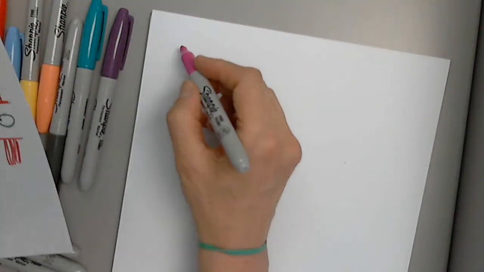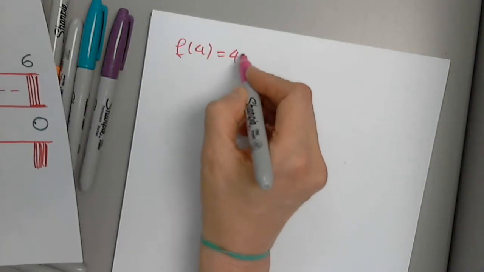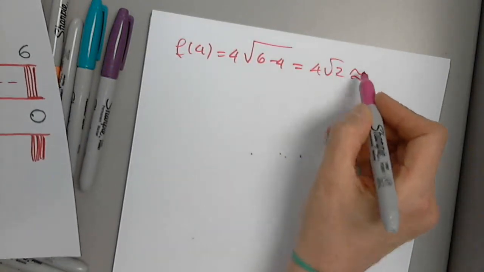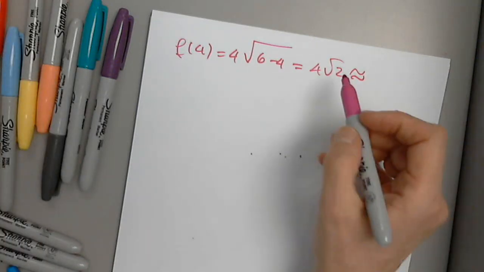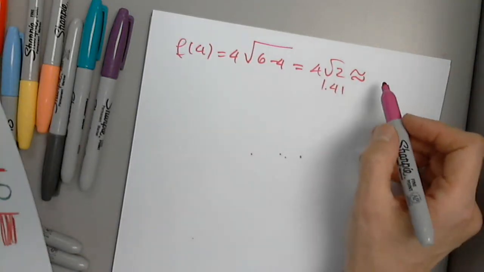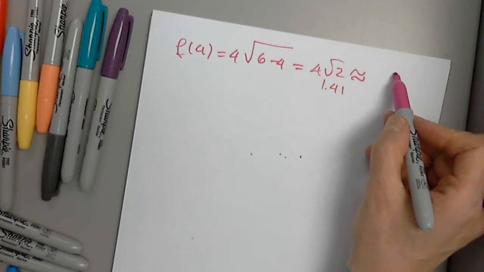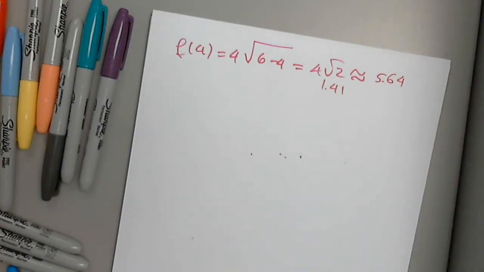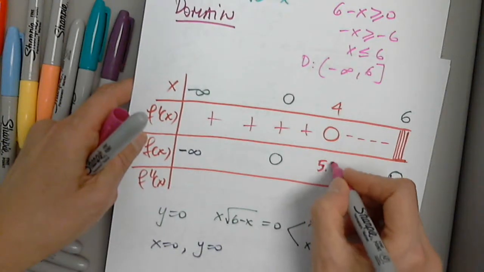How much is f of 4? f of 4 is 4 times the square root of 6 minus 4. So this is 4 times the square root of 2, and I have to approximate it. So this is 1.41, roughly, what is it? Is it 5.64? So I'm going to write 5.64.